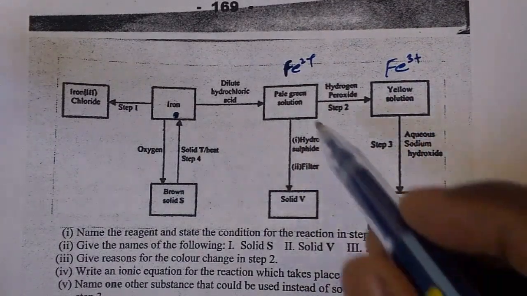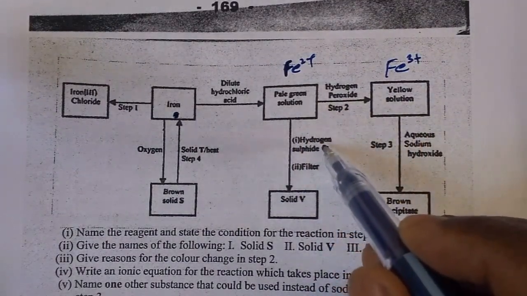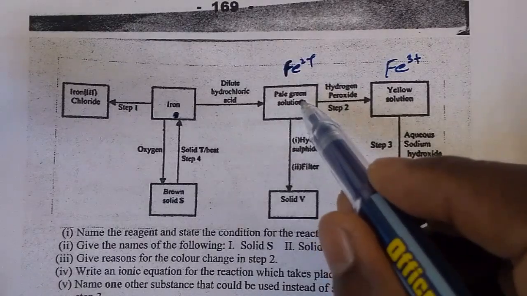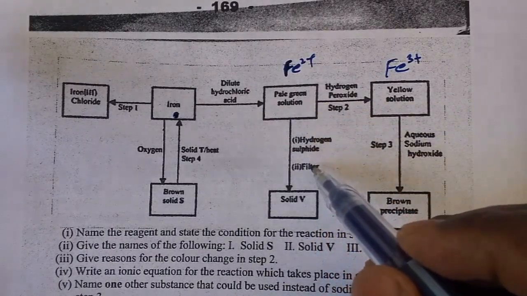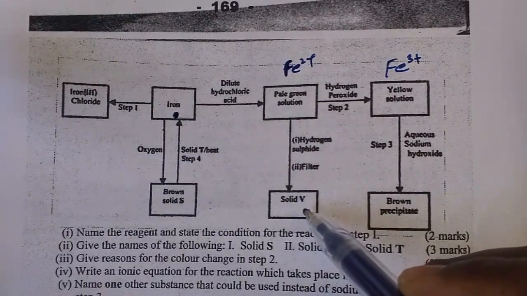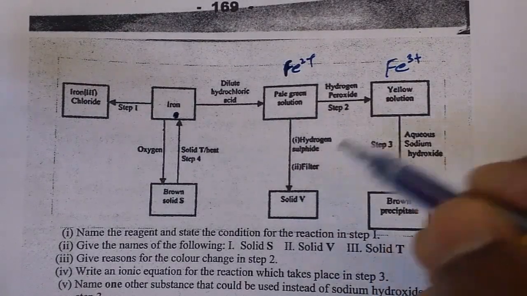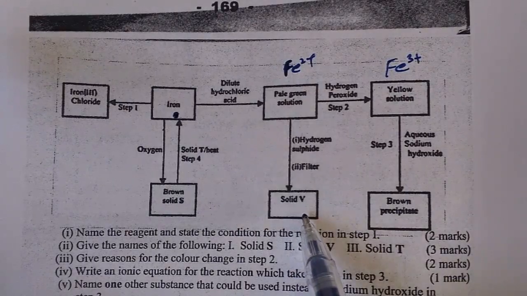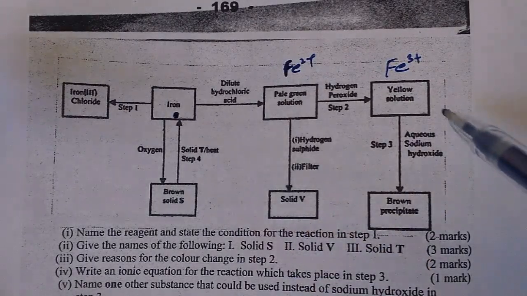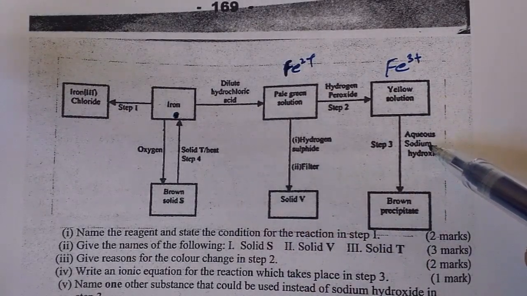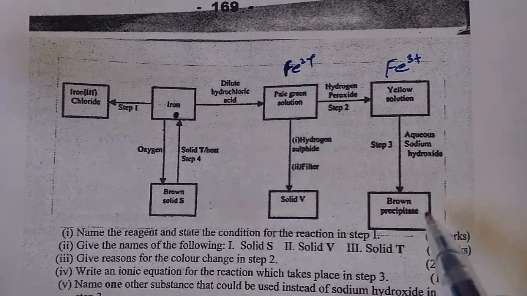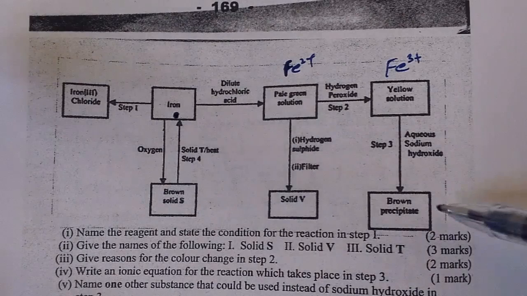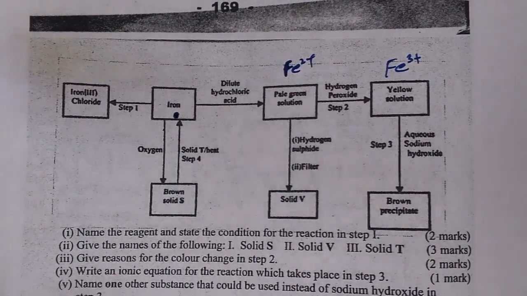Now this iron 2, again, when you add hydrogen sulfide, we are going to form a solid, which is going to be iron 2 sulfide. Then the yellow solution, adding aqueous sodium hydroxide, a brown precipitate is formed. Okay, that's a complex. There's no big deal there.